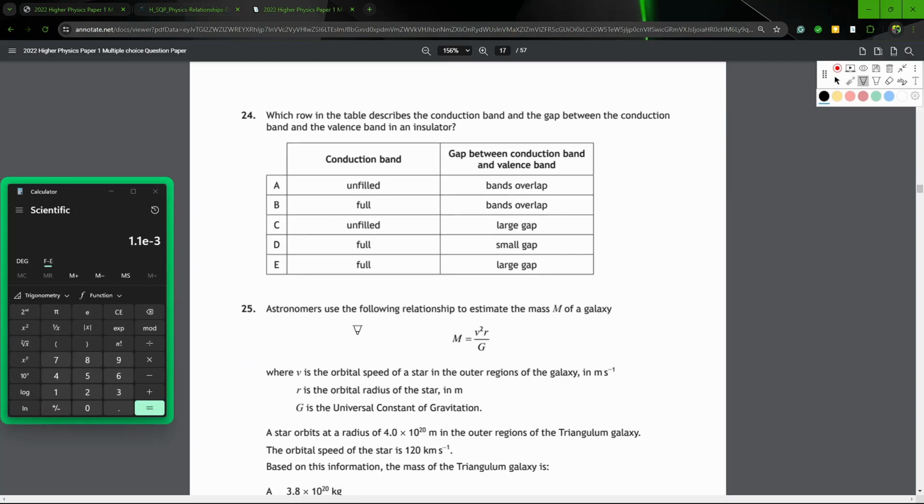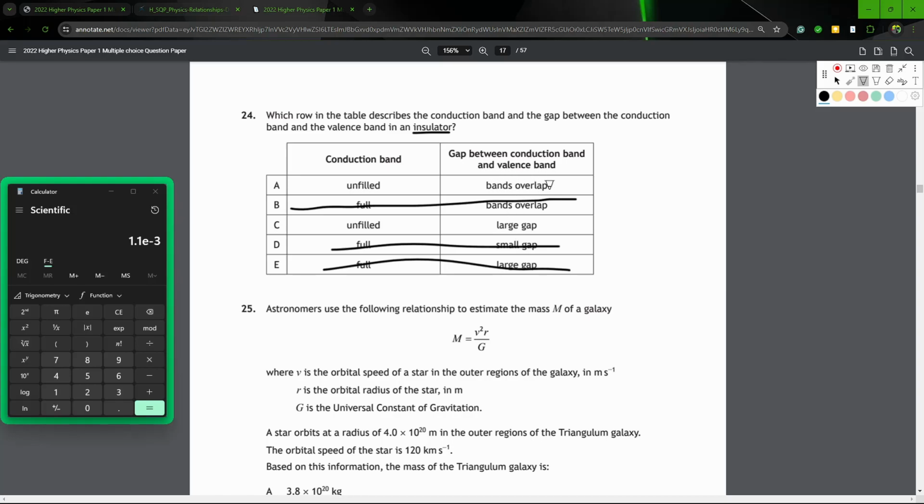24. Which row in the table describes the conduction band and the gap between the conduction band and the valence band in an insulator? Okay, so this is an insulator, so the conduction band would be unfilled because there's no conduction going on, so we can already eliminate the full ones, and now it's just down to bands overlap or not.